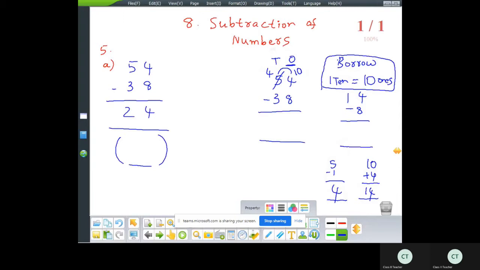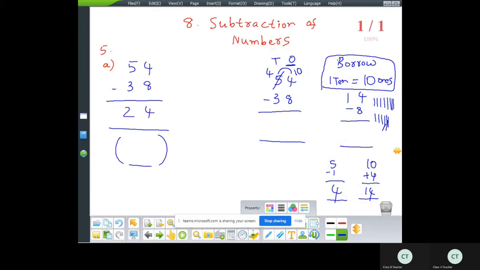Now 14 minus 8. From 14, we subtract 8. 1, 2, 3, 4, 5, 6, 7, 8, 9, 10, 11, 12, 13, 14. From 14, we cut 8 lines.